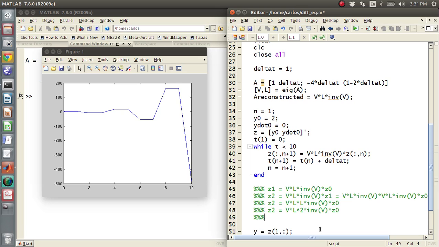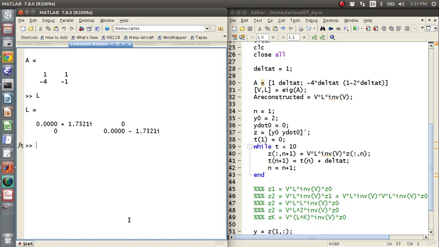And so what you notice is that Zk is V times L to the k power times inverse of V times Z0. Now, what do you notice about L to the k? Well, if we look at L, this is L right now. It is 0 plus or minus 1.73i. Well, if I do L squared, I get 3.